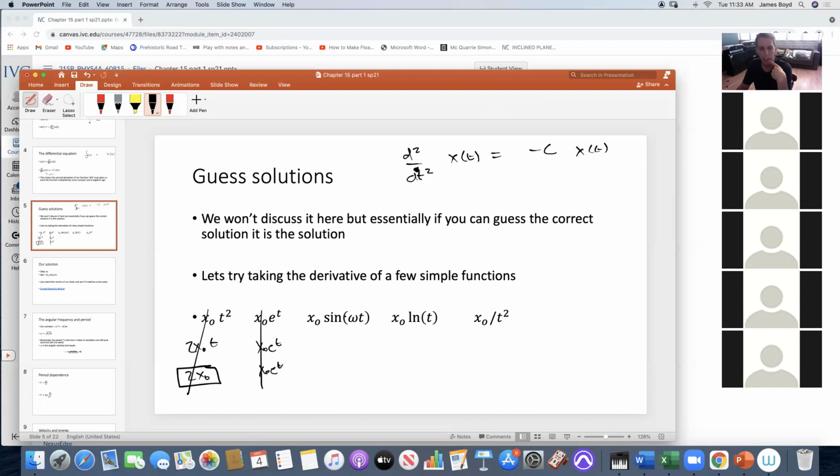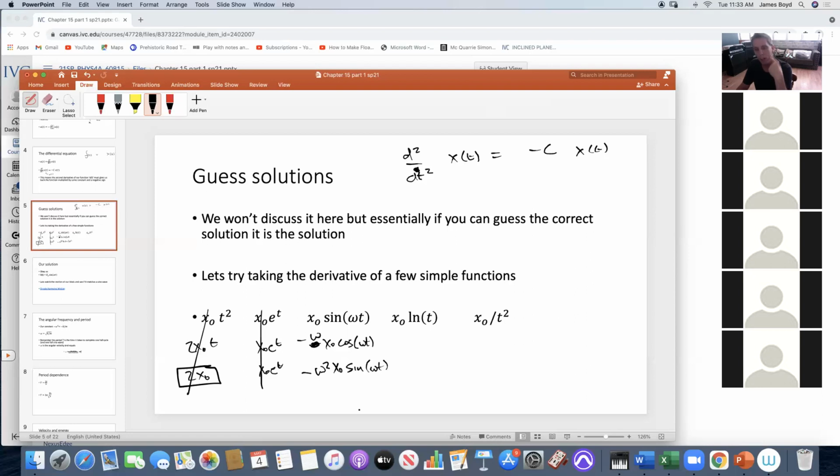The derivative of sine is cosine, so this would be x naught cos omega t. The derivative of the inside gives us omega comes out. Remember, we're doing it with respect to t. Take it again and we get negative omega squared x naught sine omega t.